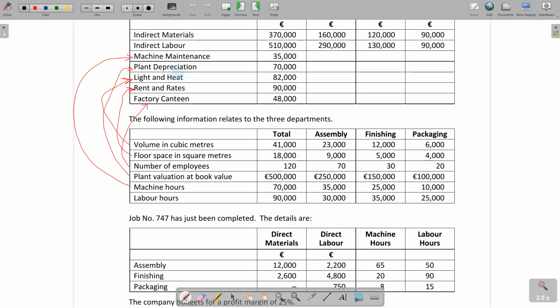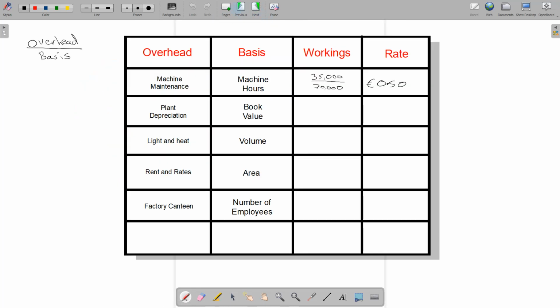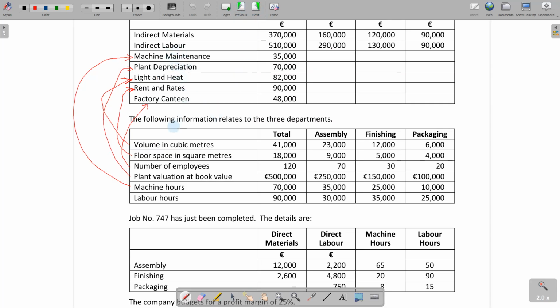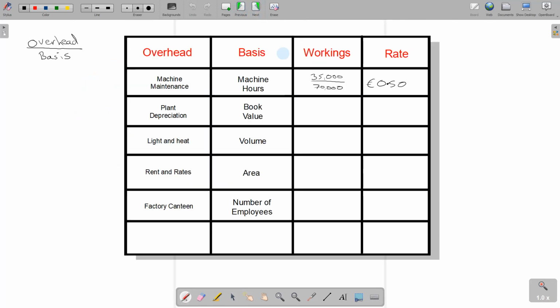So plant depreciation 70,000 and basing on book value is 500,000. And that is 14 cents.